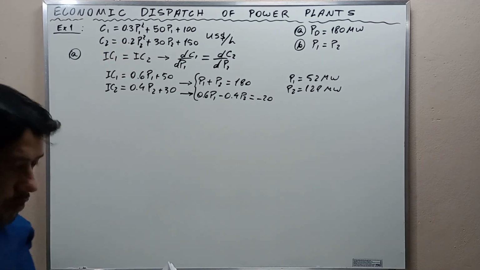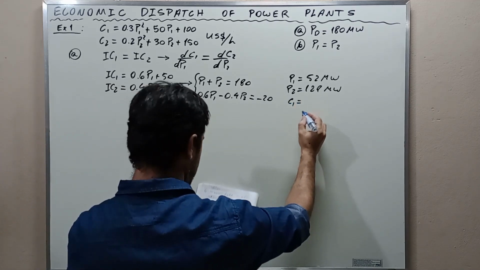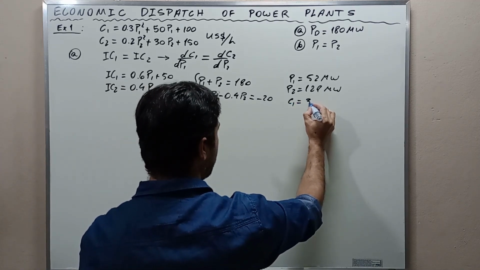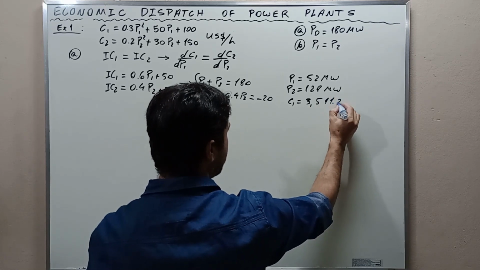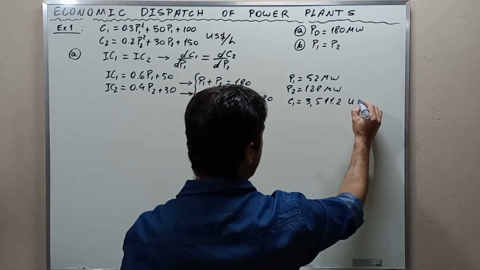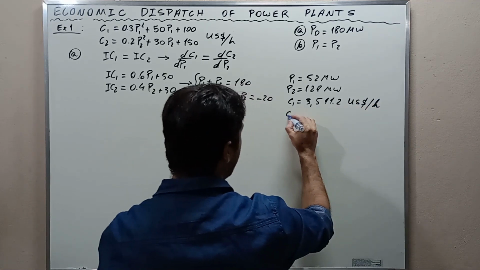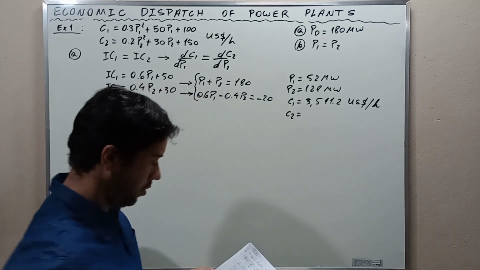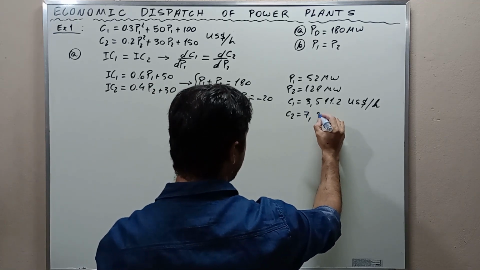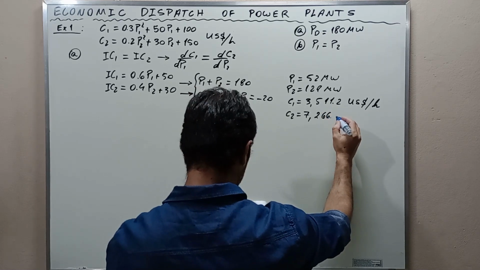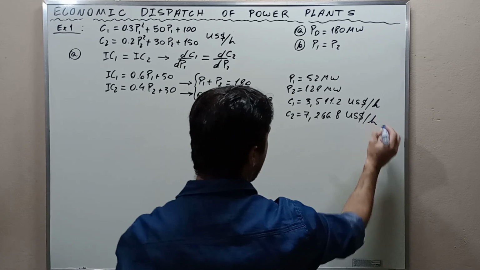And when we do this, we find that C1 is equal to 3,511.2 dollars per hour, and C2 is 7,266.8 dollars per hour.